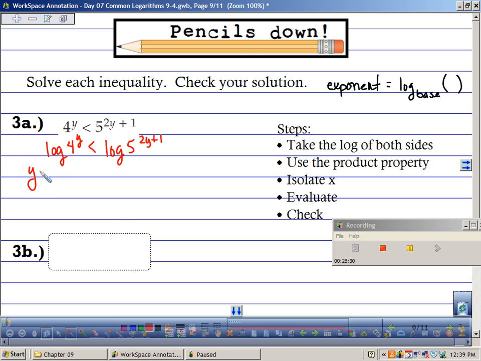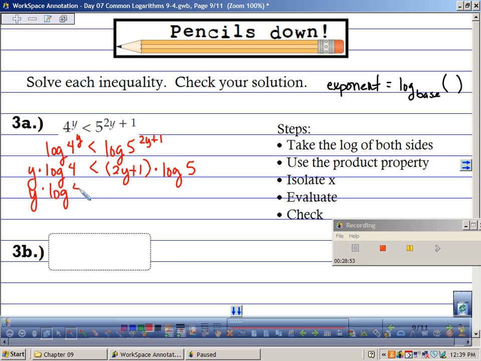So this becomes y times log 4 is less than (2y plus 1), in parentheses so I know it's the whole exponent, times log 5.